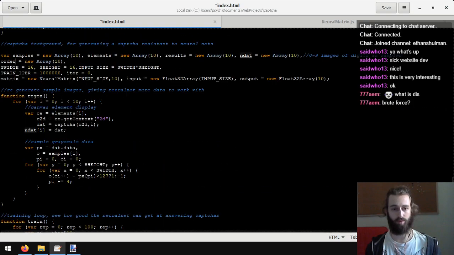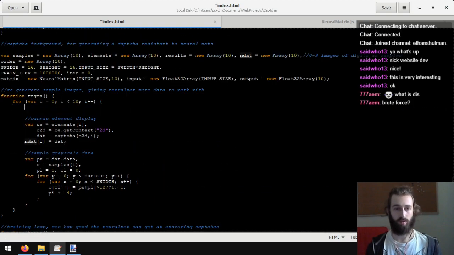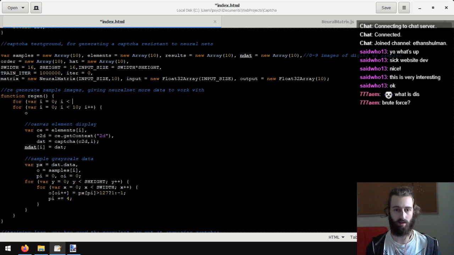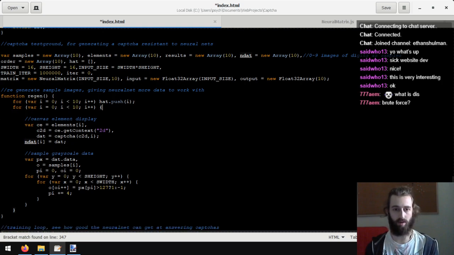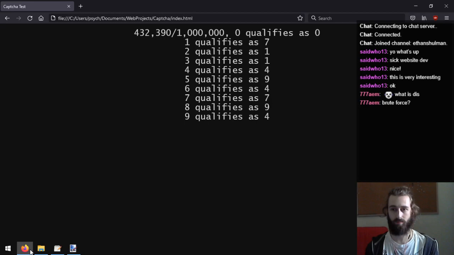So then when we regenerate, we set order. Okay, actually we need another array for what's called the hat. So we fill the hat at the beginning. And then we generate random indexes by pulling out of the hat. This is actually doing pretty good.